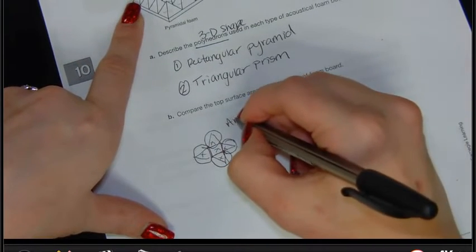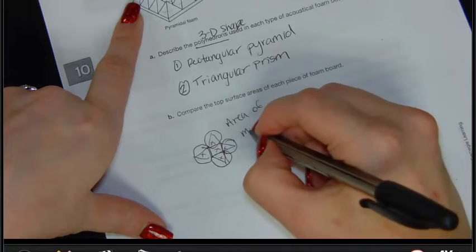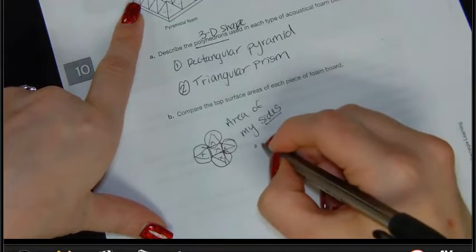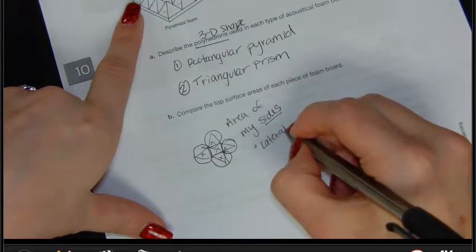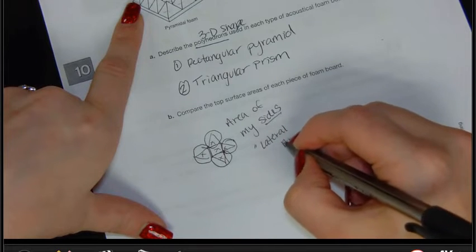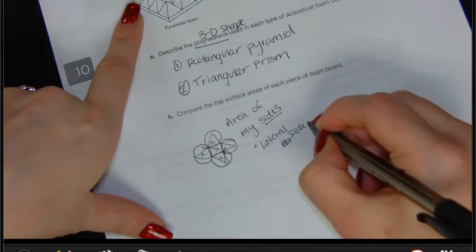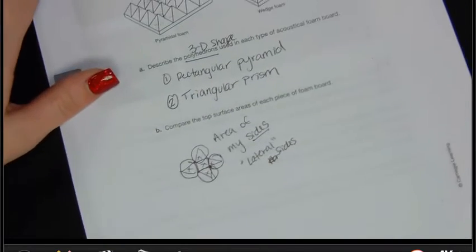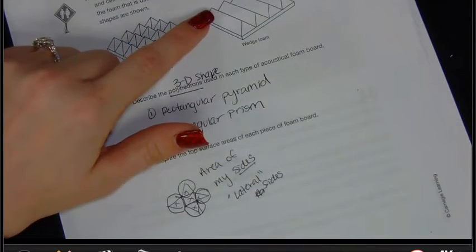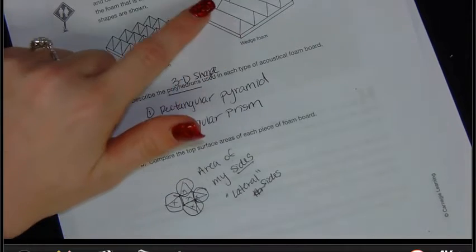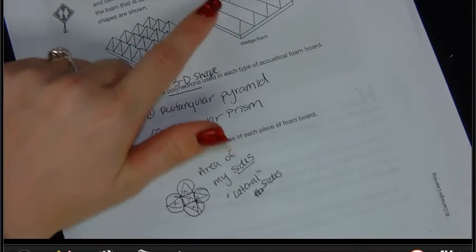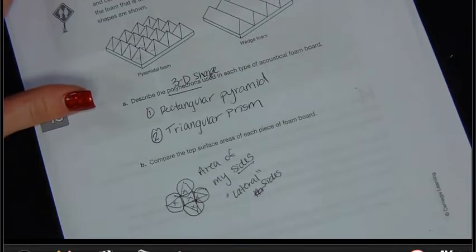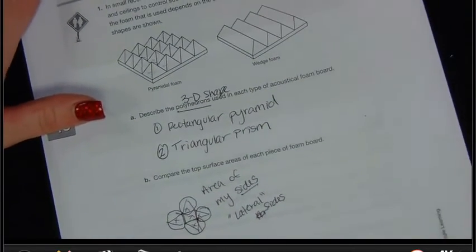I want the area of my sides, which we know is equivalent to my lateral area. And then I would find the lateral area for here, which means I'm going to take away one of the bottom sides here. That's how we're comparing it.